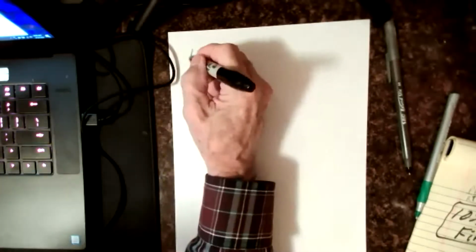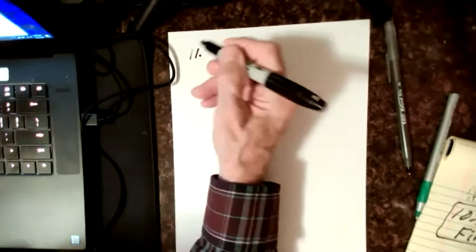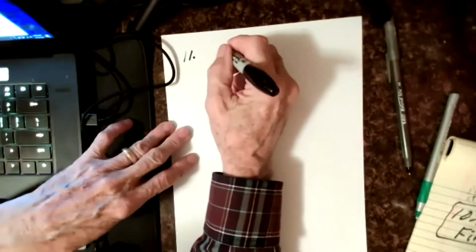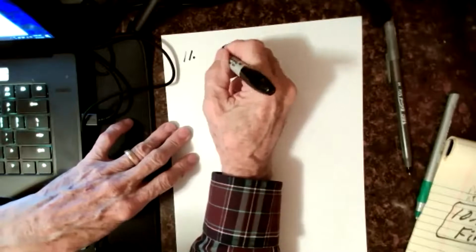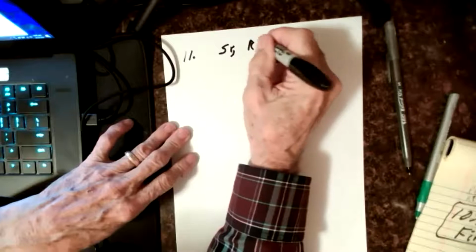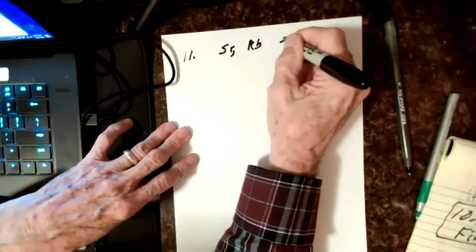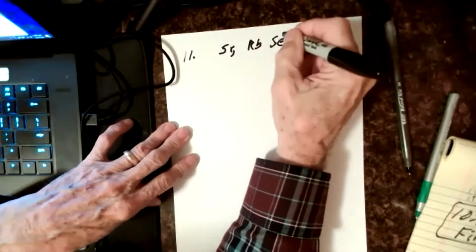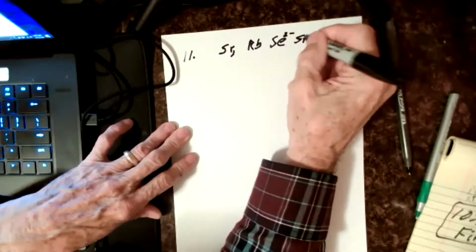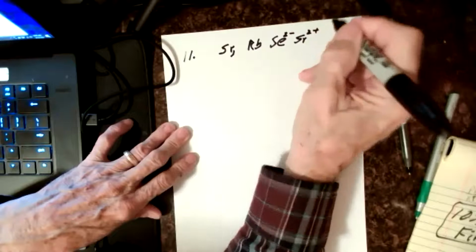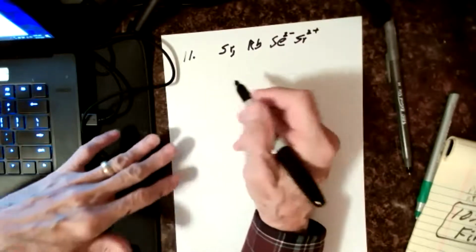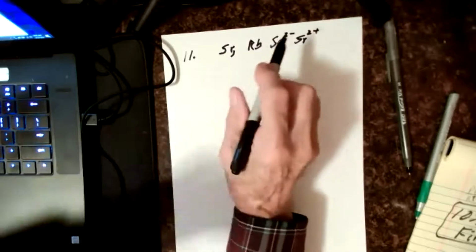Okay, number 11 now deals with size of atoms, and we're looking at essentially strontium and rubidium and selenium 2 minus and strontium 2 plus. So we want to compare the size of strontium and rubidium.